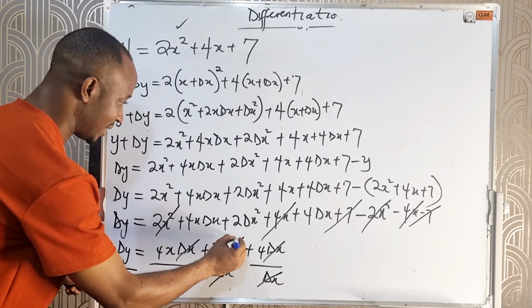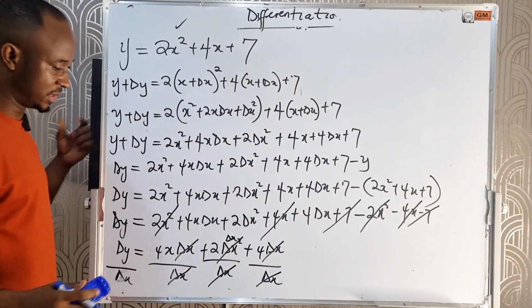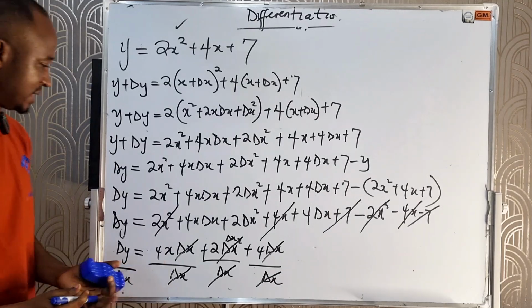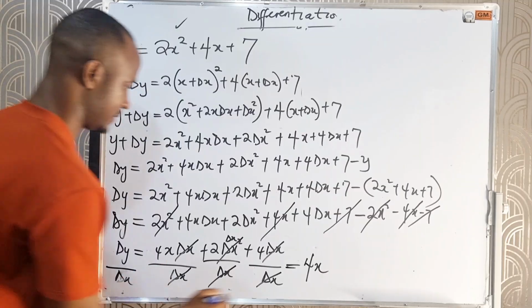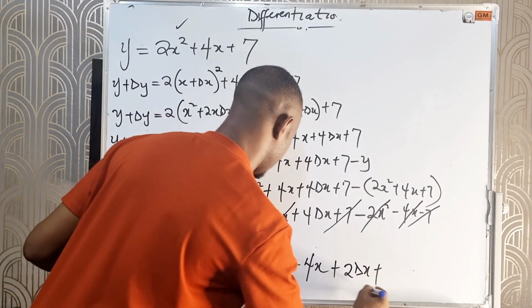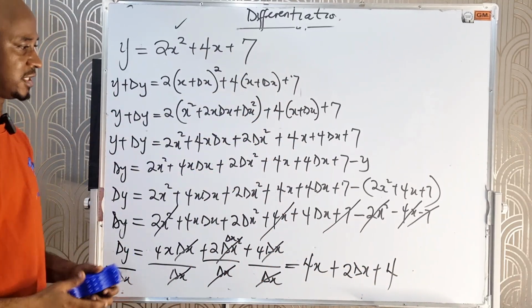Take note of this. By the time we divide, we are left with 4x plus 2 delta x plus 4.